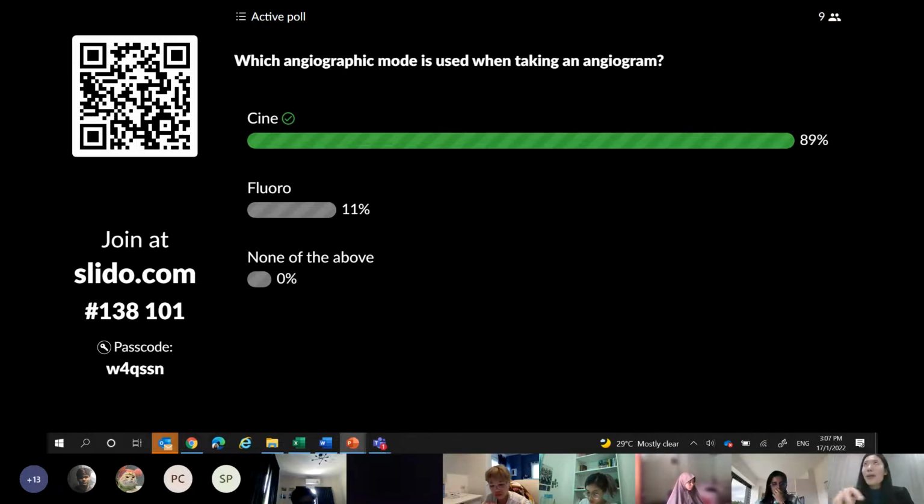So definitely Cine. In an angiogram, we want to very closely analyze where the problem lies. We want to see where the pinch is. We want to see how the pinch looks like. So in an angiogram, we will always use the Cine. They will use the Cine to take high quality images to get an understanding of your coronary artery condition.